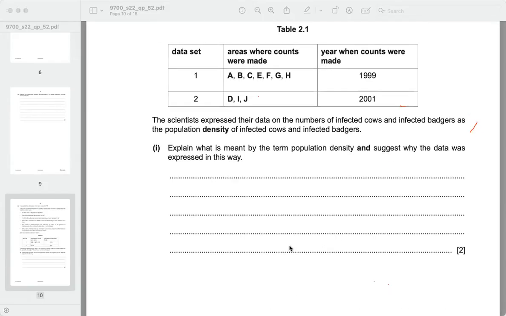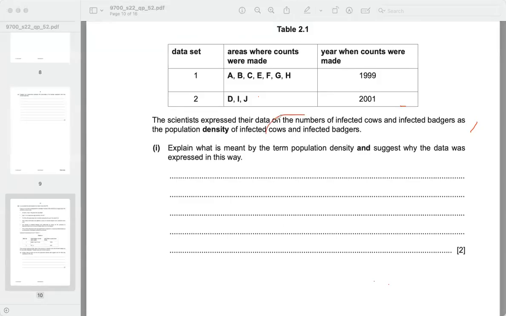Now we come to our question. The scientists expressed their data on numbers of infected cows and infected badgers as the population density of infected cows and infected badgers. Now, obviously, we don't have any data yet, so the question is going to be on this line, which has been written above.